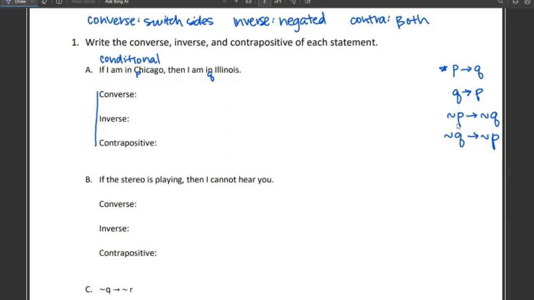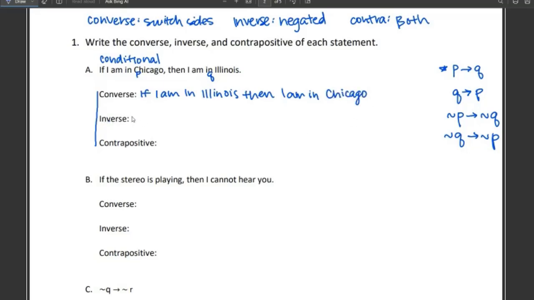So we can use these symbols and write out each of these statements. The converse is going to be if Q, then P. So if I am in Illinois, then I am in Chicago.